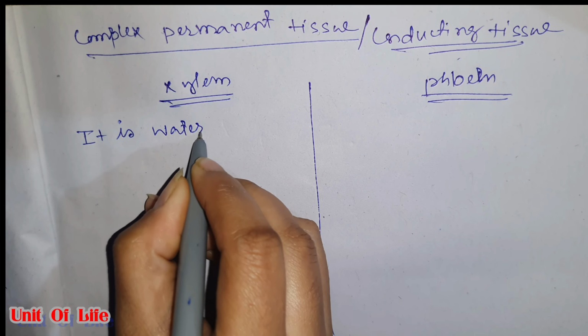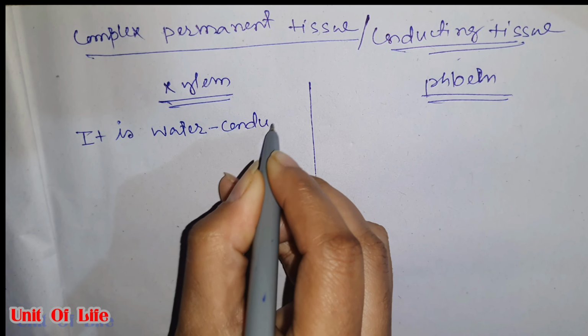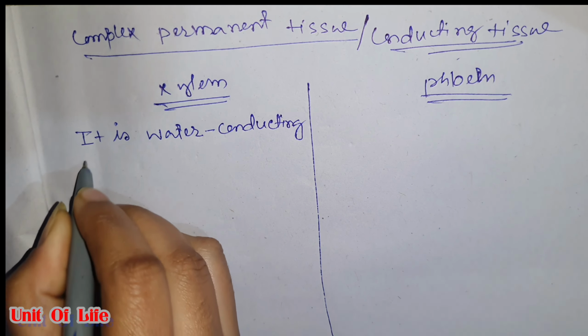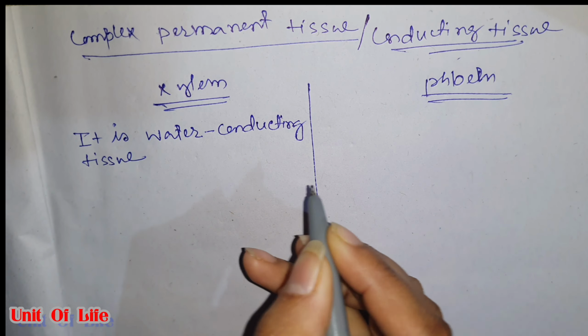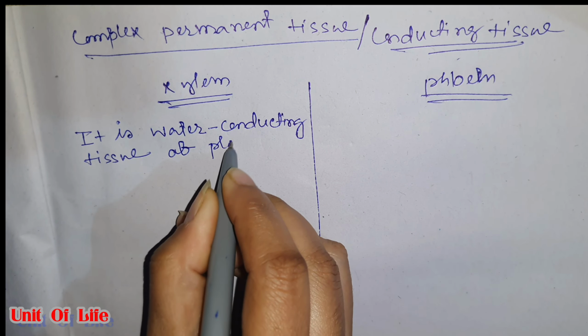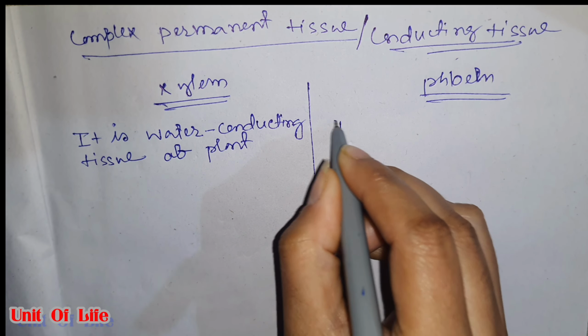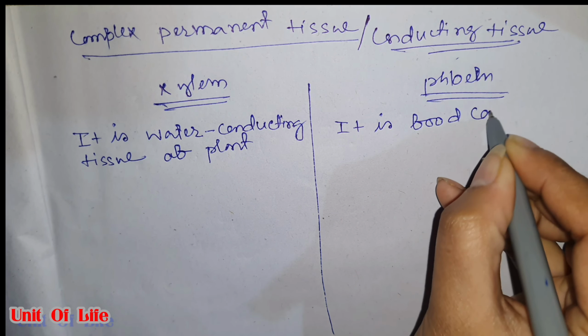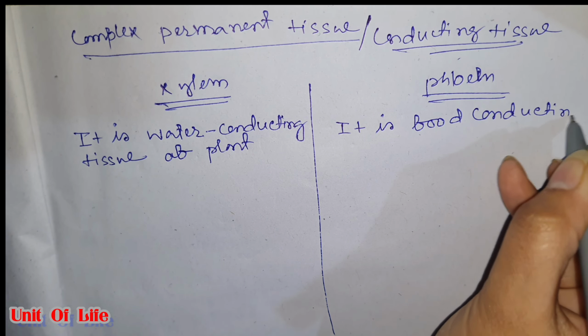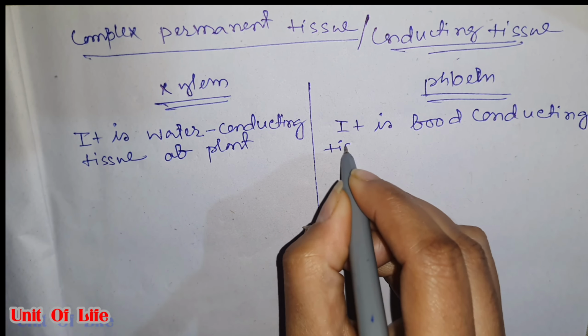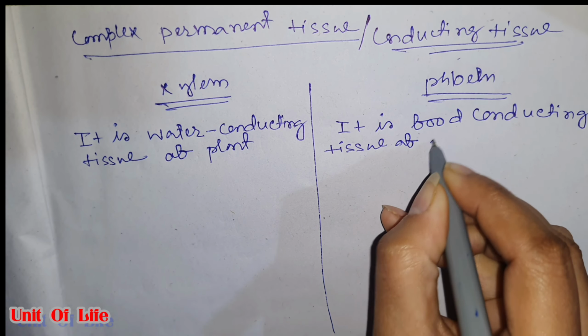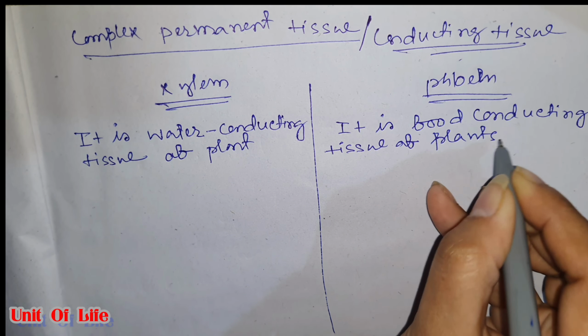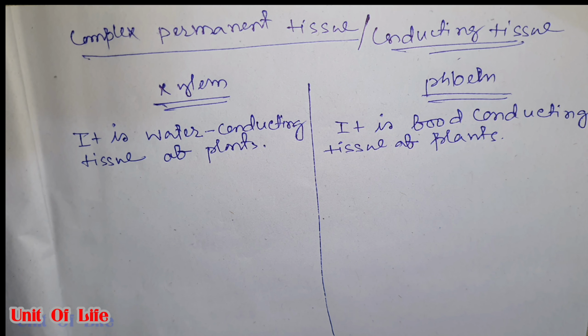Xylem and phloem together are also called conducting tissue. Xylem conducts water upward from the root to the shoot system, and phloem is called the food conducting tissue of the plant. It transports food materials from leaves to other parts of the plant.